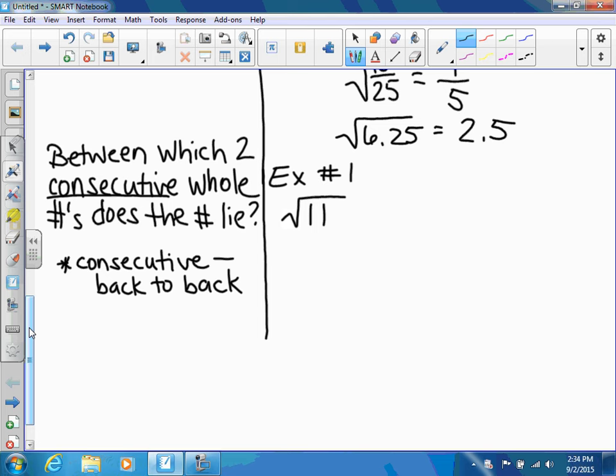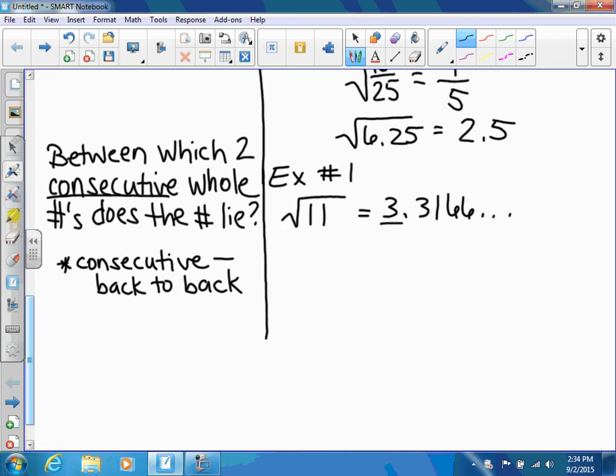All right, so back to my example of the square root of 11. If you type in the calculator 11 and then hit the square root button, then it's going to pop up with this long decimal that says 3.3166 blah, blah, blah. Right? You don't need to worry about the rest of the numbers. Typically the first 2 or 3 after the decimal is all you need. Right? So if I'm looking at this decimal, that's not telling me between what two numbers it falls, but that gives me a good idea of where to start.